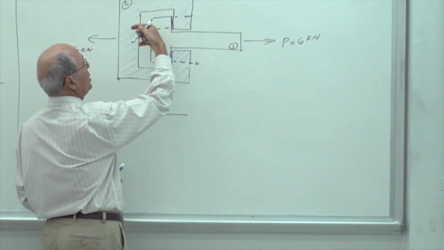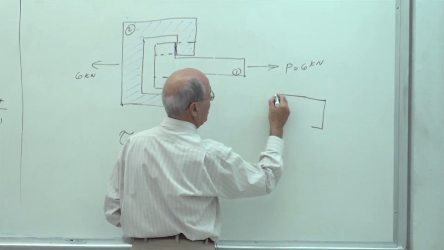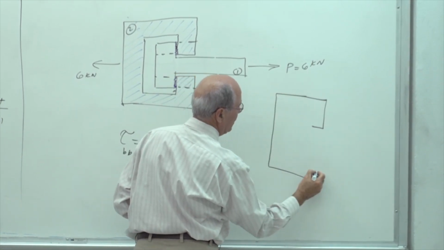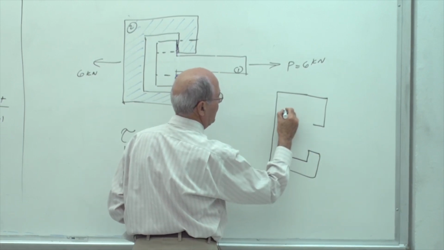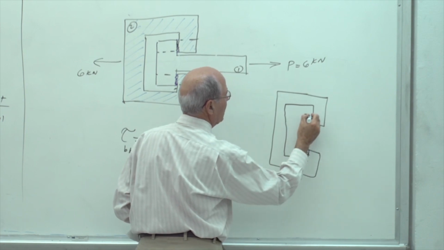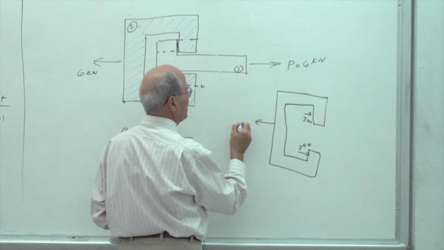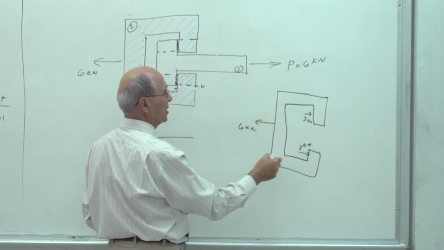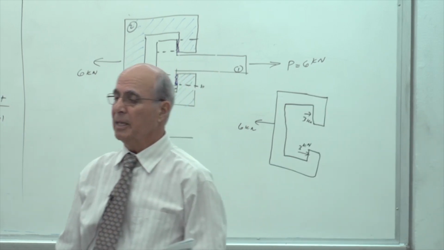If I show you the free body diagram of the blue part, you see this: 3 kilonewton here, 3 kilonewton there, and 6 kilonewton there. This is the free body diagram of the blue piece.